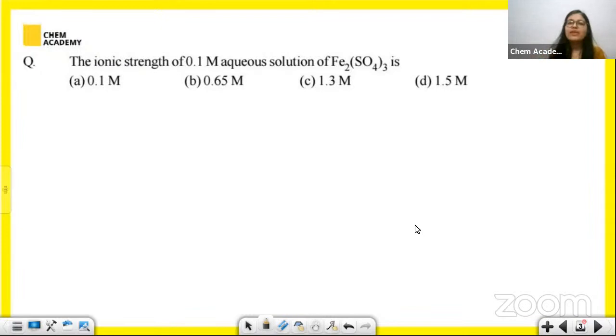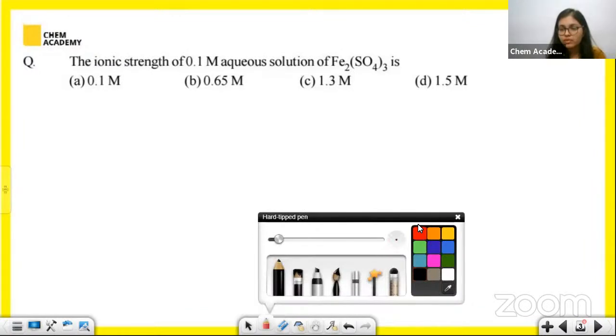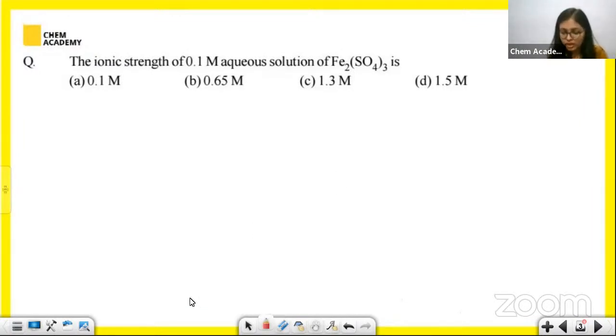First of all, we will write the reaction for Fe2(SO4)3. Then we can proceed to the calculation of the ionic strength. Fe2(SO4)3 is going to break down into 2 Fe3+ plus 3 SO4 2-. All right, this is the reaction for Fe2(SO4)3.